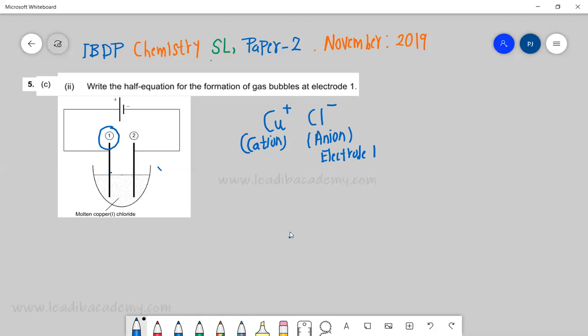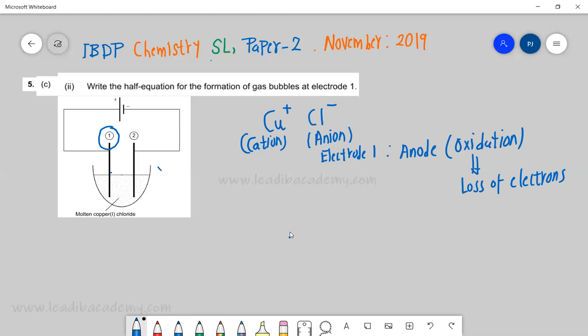So it is very clear that electrode 1 has to be the anode, because the anion goes there. And we know very well, you need to remember, that anode means oxidation, and oxidation means loss of electrons. So please remember, Cl- is the anion, negatively charged, so it is going to go towards the anode.